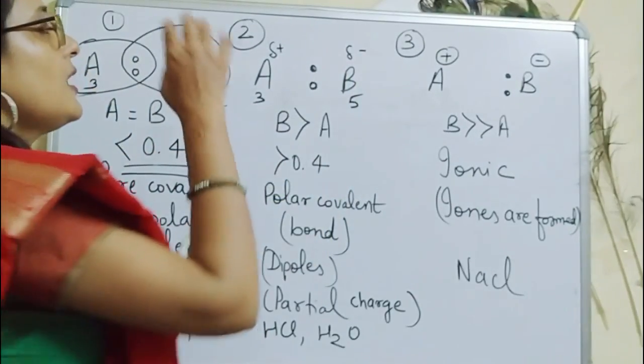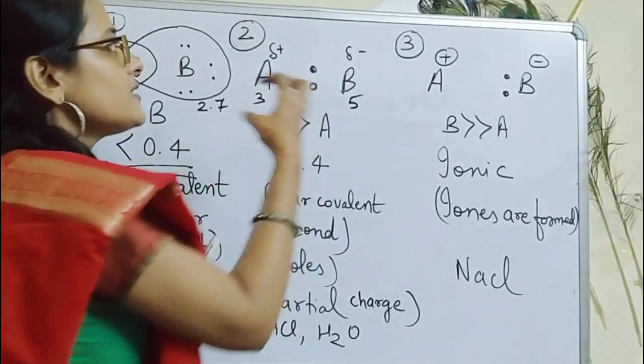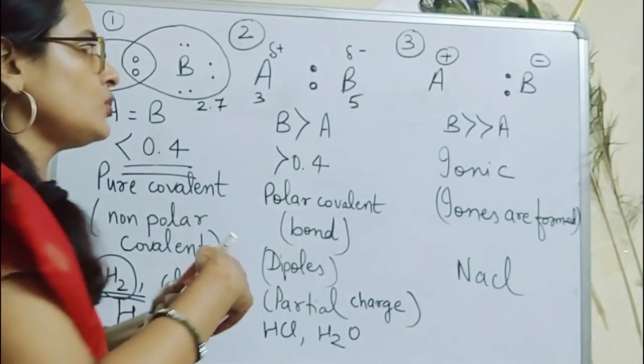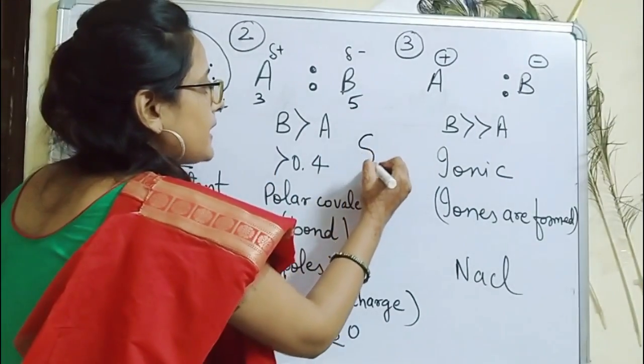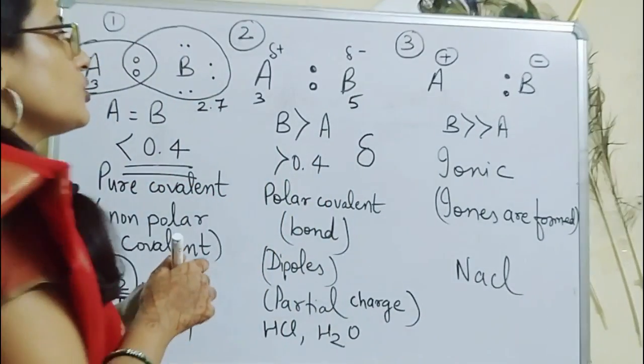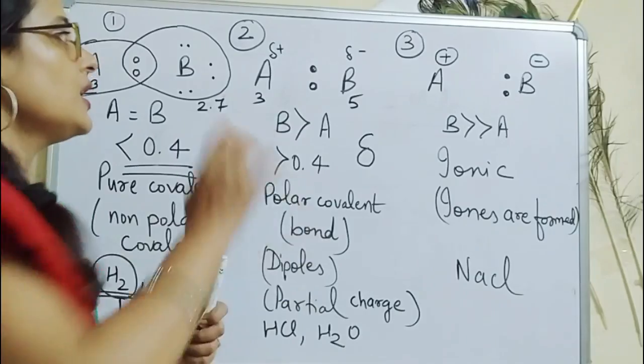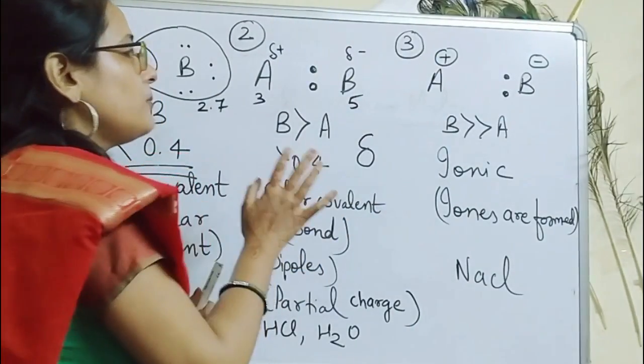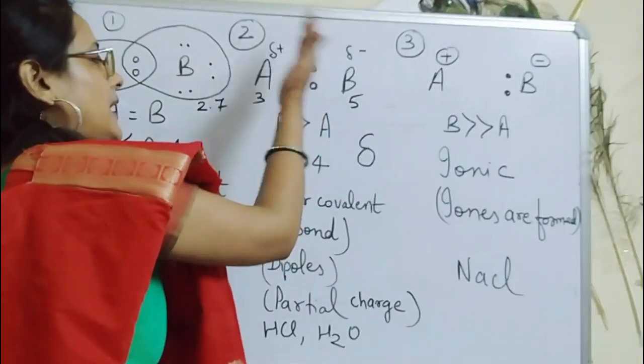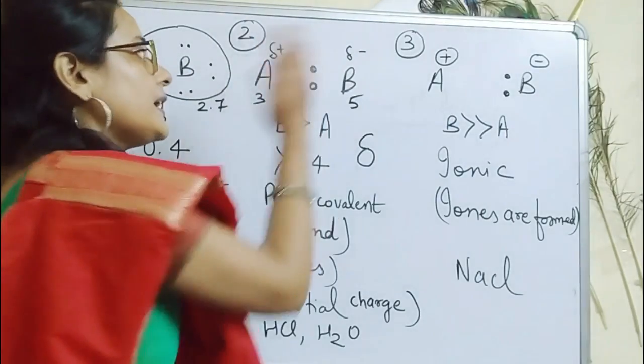And whenever the charge is not of higher magnitude, we write a delta. So B has a delta negative charge and A has a delta positive charge. So this molecule will be a polar molecule. There are two poles, a slightly positive pole and a slightly negative pole.